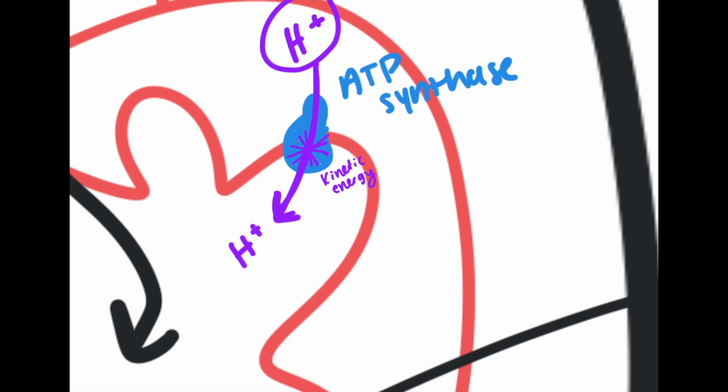So it's literally the same thing here. There's this river of hydrogen ions that flow through this ATP synthase protein. And we harness that movement energy and use it to take molecules of ADP, adenosine diphosphate, and add a phosphate to them to get ATP. And now we have created ATP inside of the cell.